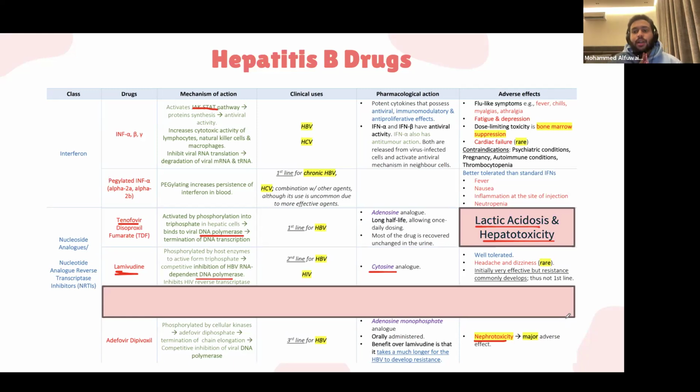Adefovir, good. Lastly, if they developed lactic acidosis or hepatotoxicity, what were they taking? Tenofovir, good. Most likely what you'll be asked is side effects, I think. I honestly don't remember what we were asked last year about these drugs.